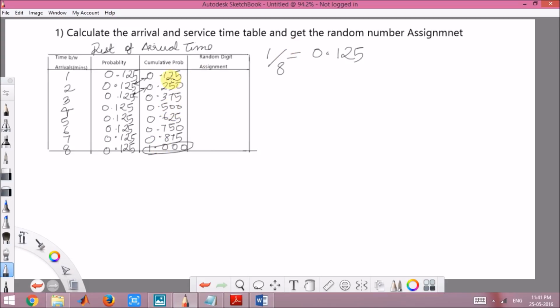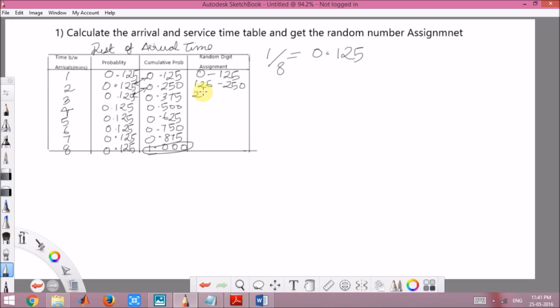So now with calculating the cumulative probability, we can assign the random number associated with each arrival time. So as we said, random numbers last from 0 to 125. Similarly, 125 cannot come here. So it is 126 to 250. Right?